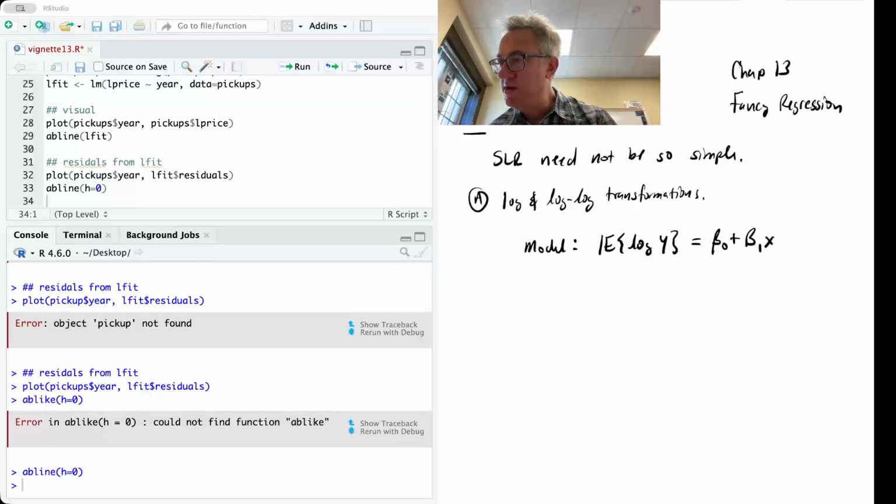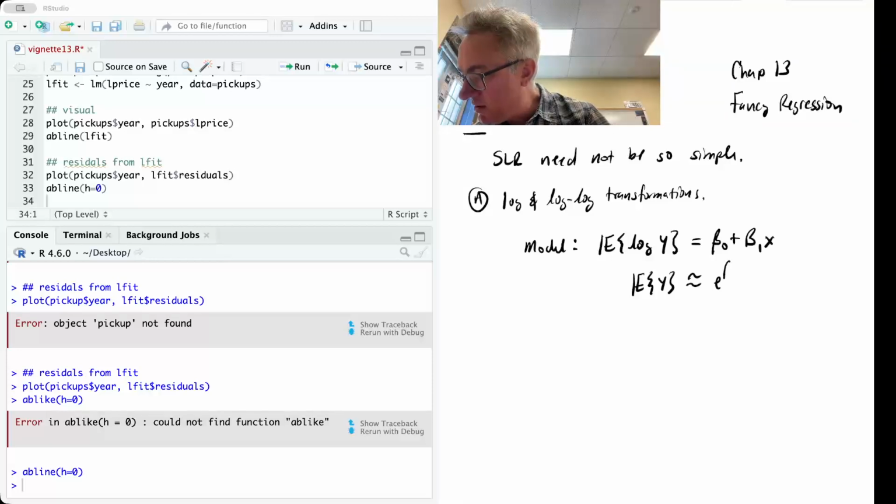If I exponentiate both sides of that, so that would get rid of the log, and this is only approximate. You have to look at what's called Jensen's inequality to get this exactly right, but I'm exponentiating both sides, and I've got an e to the beta 0. Remember, when you exponentiate through a plus, it becomes a product. So I've got a nonlinear model.